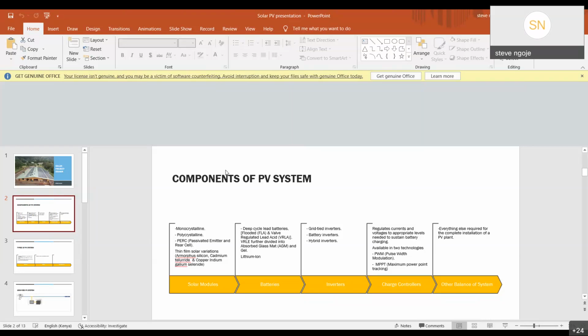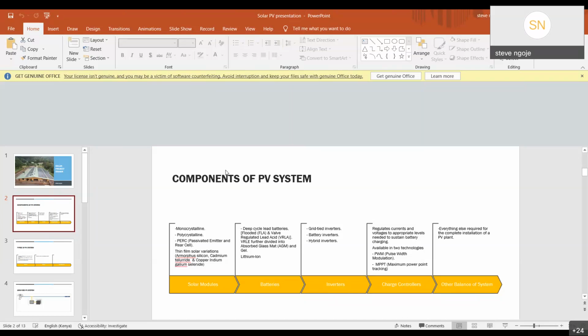The next component which is also important in any PV system are the inverters. For inverters, we have different types of inverters depending on which type of solar PV system you have. The first I have is a grid-tied inverter, or different names.